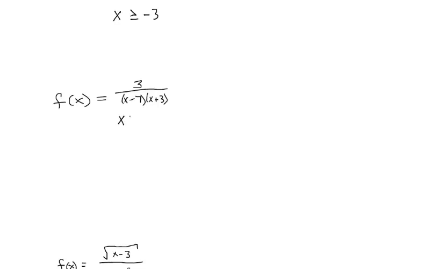So we know that x cannot be 7, and we know that x cannot equal negative 3. So our domain is going to be negative infinity to negative 3 union negative 3 to 7 union 7 to infinity.